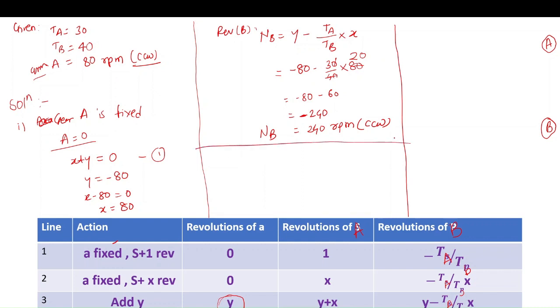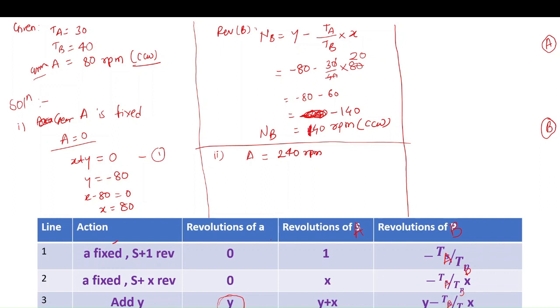Condition 2. What is the second condition? A revolves at 240 rpm clockwise. A equals 240 rpm. Sorry, this was a mistake: it is minus 80 plus minus 60, minus 140.